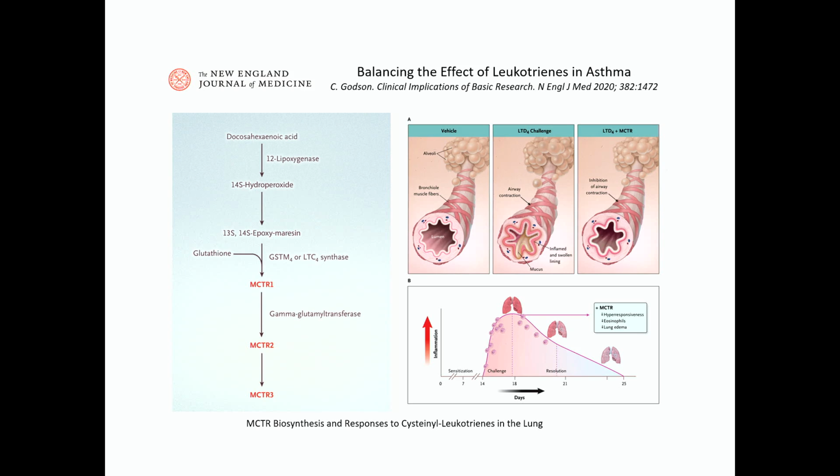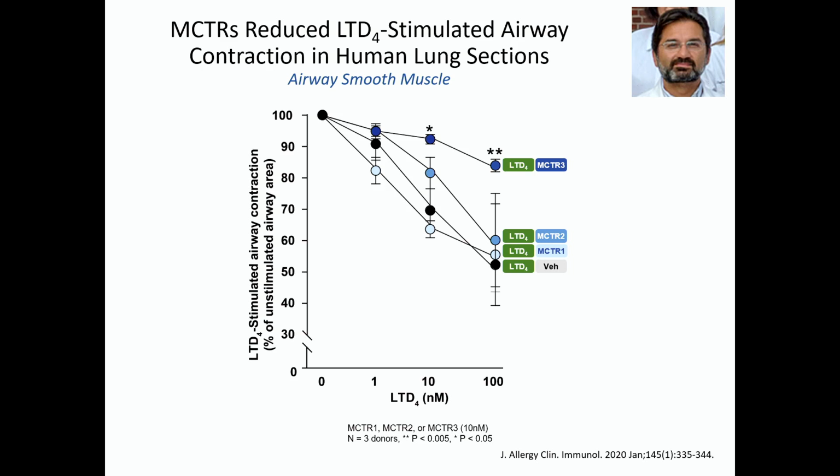I'll just show you a couple of data points from this. Raja Abdulnour in the lab led this work. Here we've taken precision-cut human lung sections that preserve their contractile activity and exposed them to a concentration response of leukotriene D4.